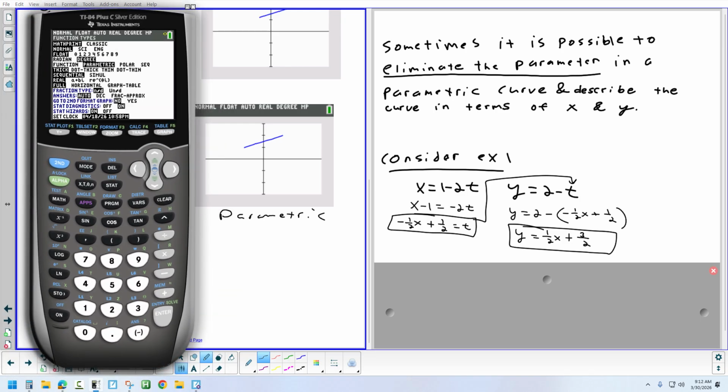Okay, so go back to your function. The nice thing when you change between modes, the window stays the same. So we set everything from -3 to 3. That will carry over no matter what mode you're in. So you've got 0.5. I'm just going to do a decimal because it's easier. 0.5x plus 1.5, okay, graph.